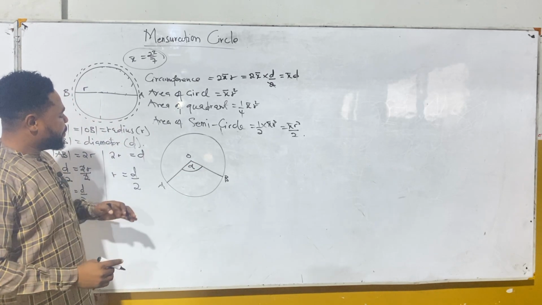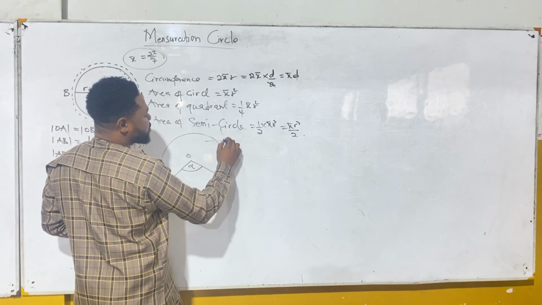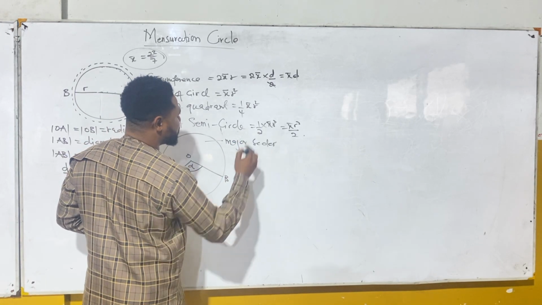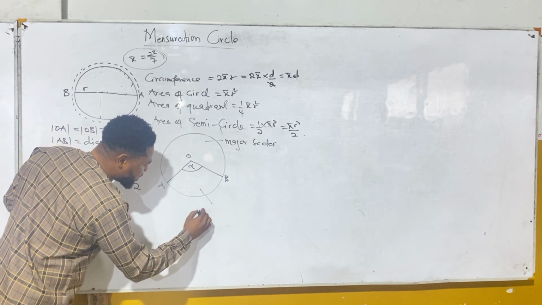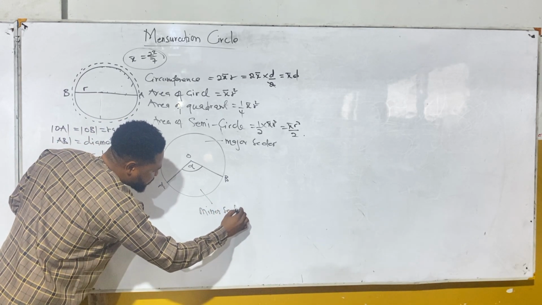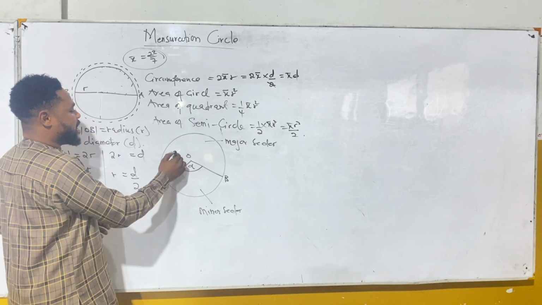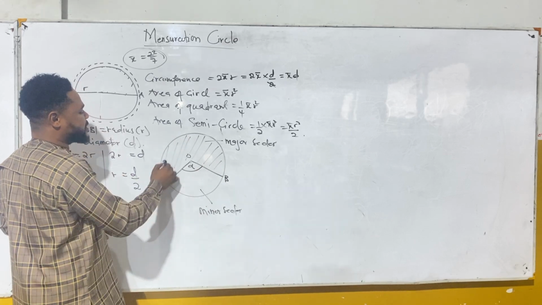Now, this part of the circle is called the major sector, and this part is called the minor sector. We can also be asked to find the area of the major sector, which means this part.